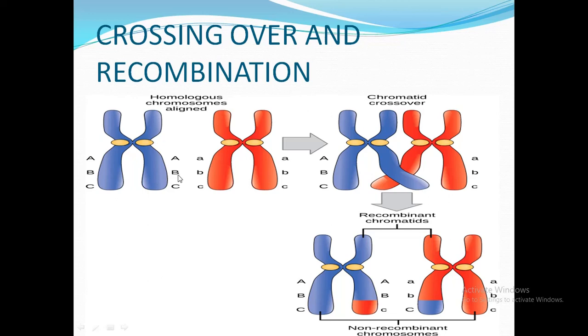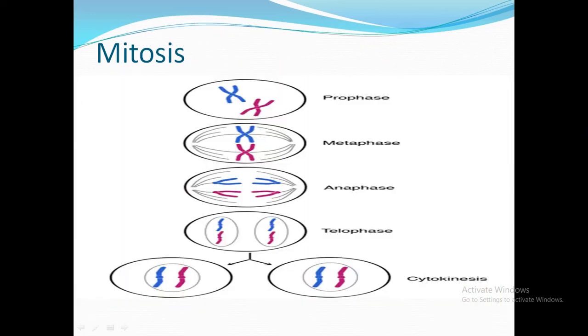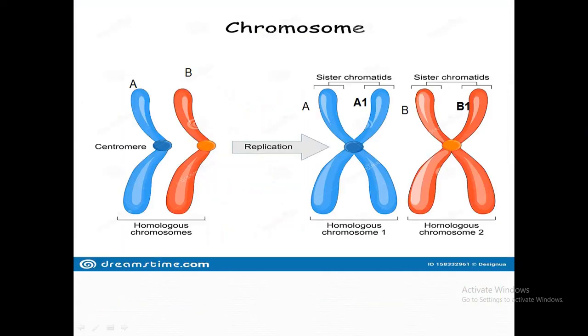At the same time, you can see B and C also are present on the same loci. Then such chromosomes are called homologous chromosomes. So homologous chromosomes are chromosomes which are the same in length, have the centromere at the same position, and also have the same allele loci. Then they are called homologous chromosomes.